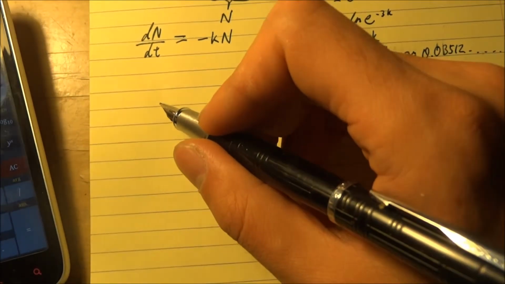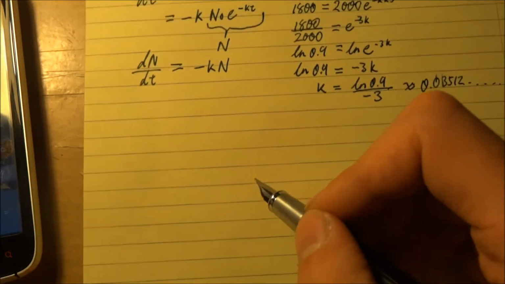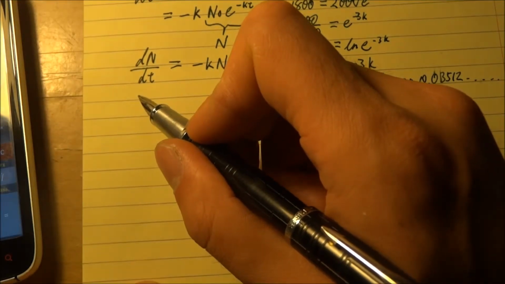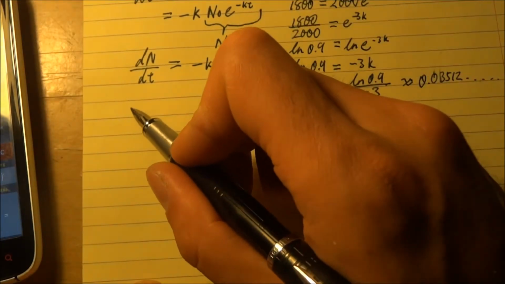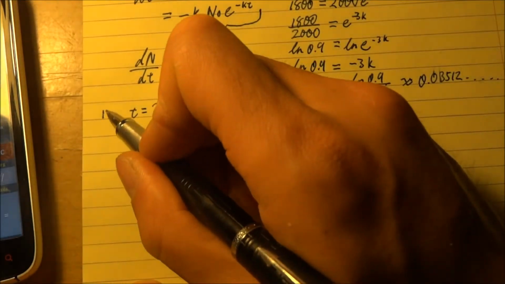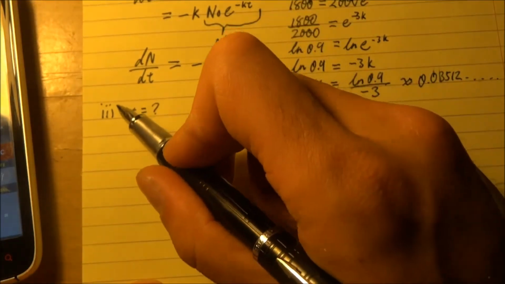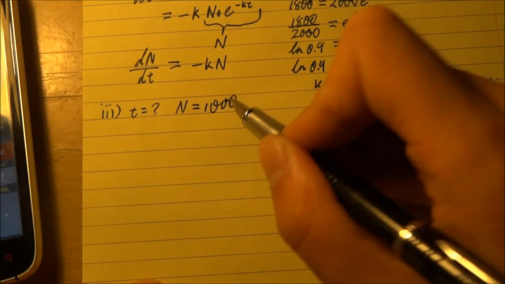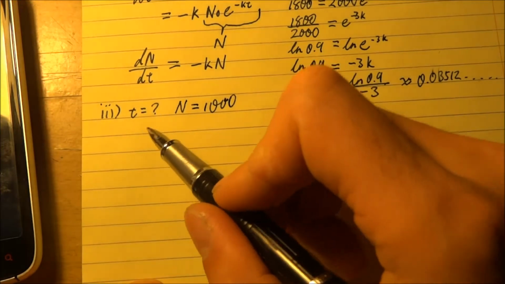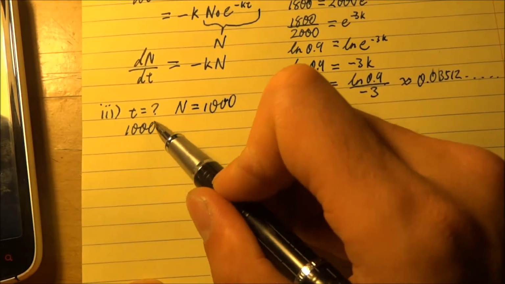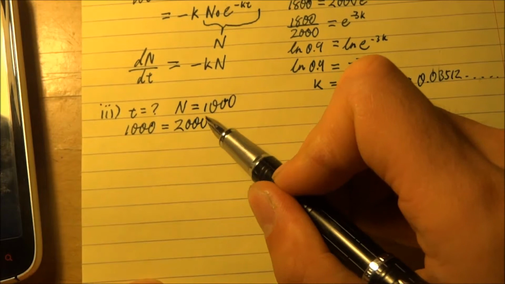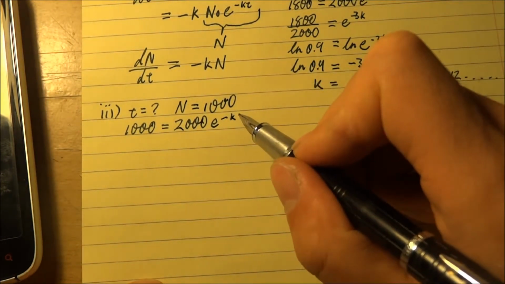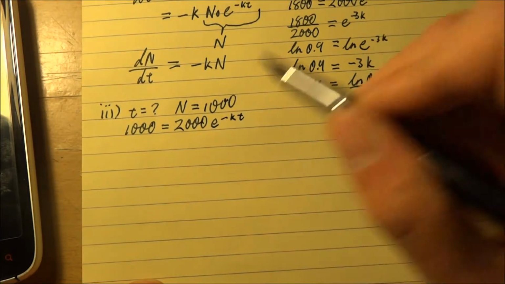And the last part, how many years will the kangaroo population take to halve? So look for t, sorry, third part, for t when population N equals 1000. In that case, 1000 equals the initial population times e to the power of minus kt.